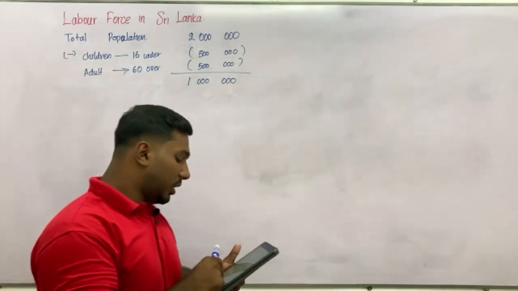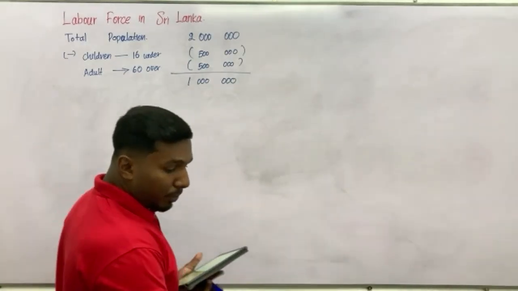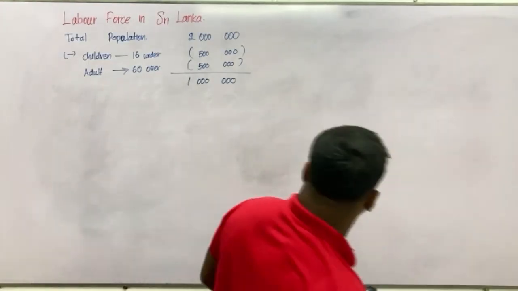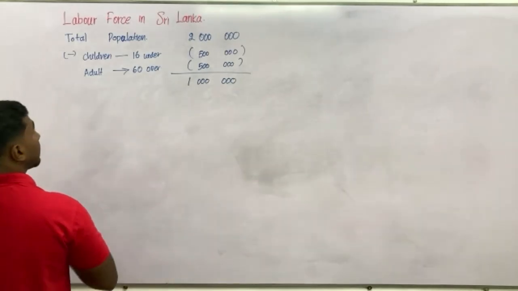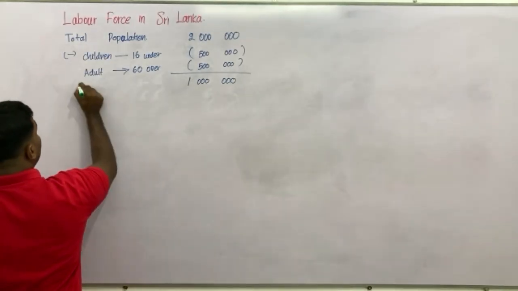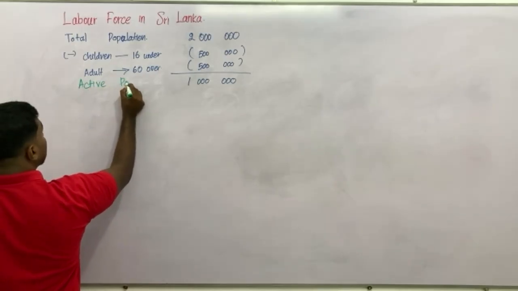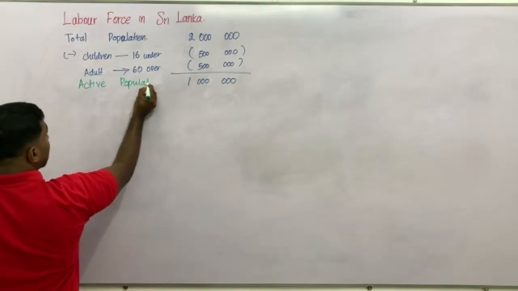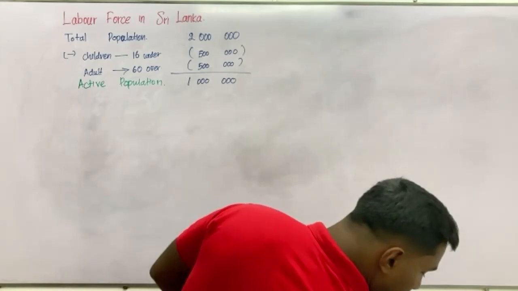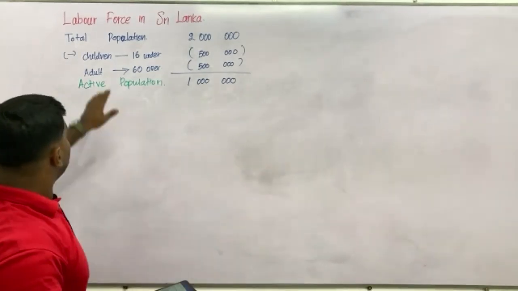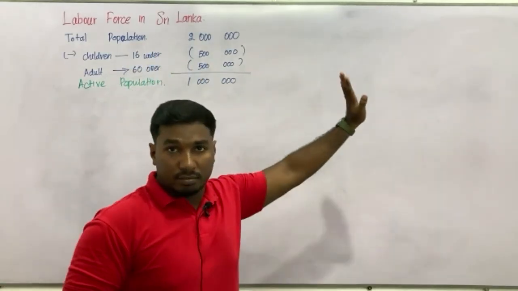So this is the active population. That is the total population, and this is our active population. In the total population, we have to remove children and elders.